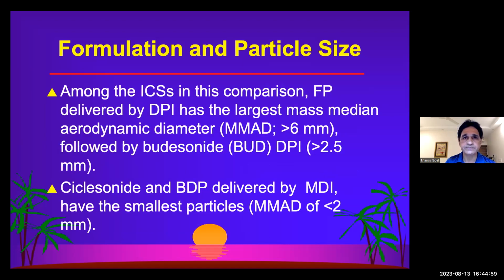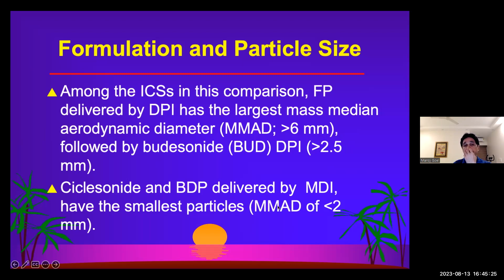Among the ICS in comparison, fluticasone propionate delivered by DPI has the largest mass median aerodynamic diameter of more than 6 micrometers, followed by budesonide, which is 2.5. So you're likely to expect the highest oral deposition with fluticasone propionate. Ciclesonide and beclomethasone delivered by MDI have the smallest particles, and they can reach up to the smaller airways.